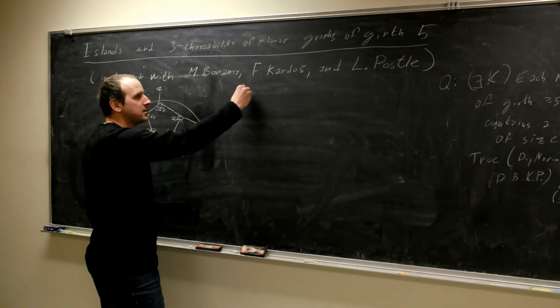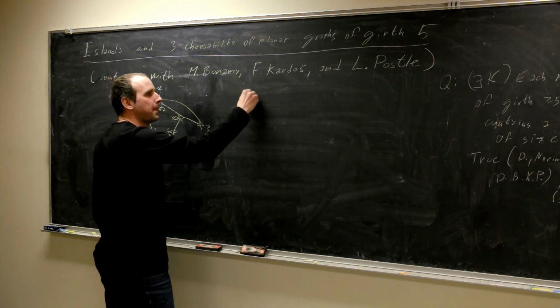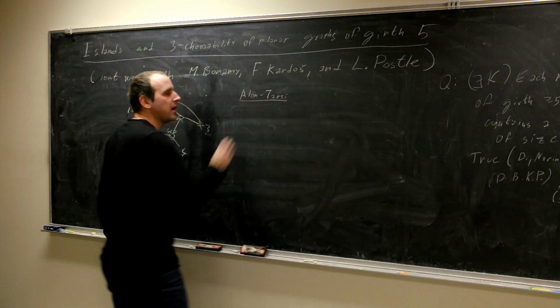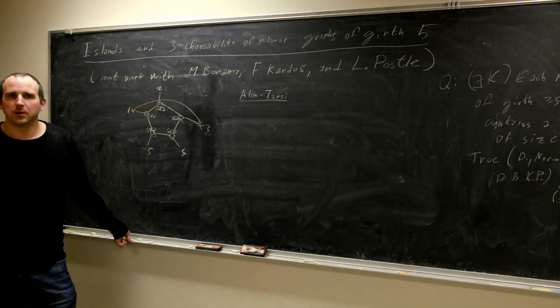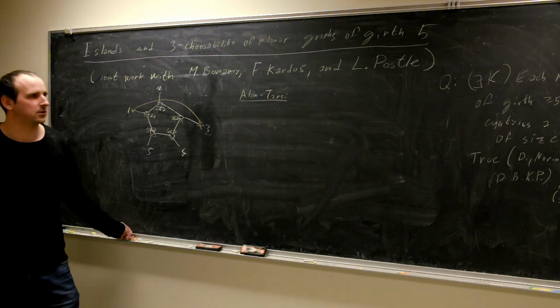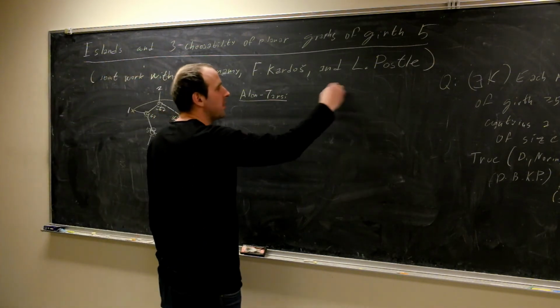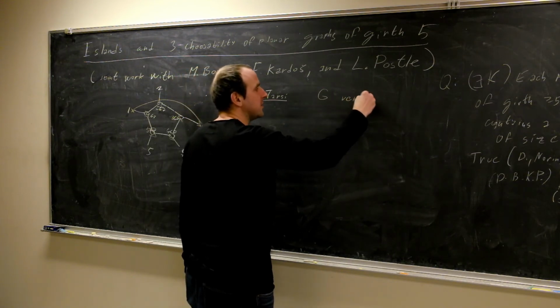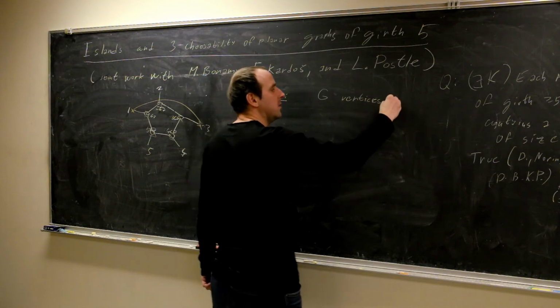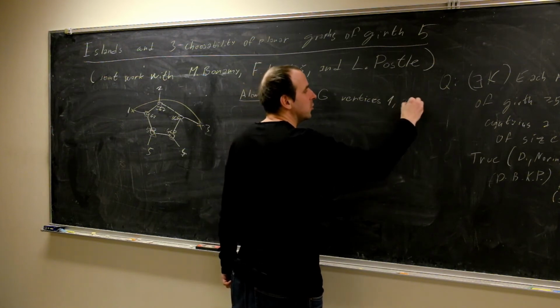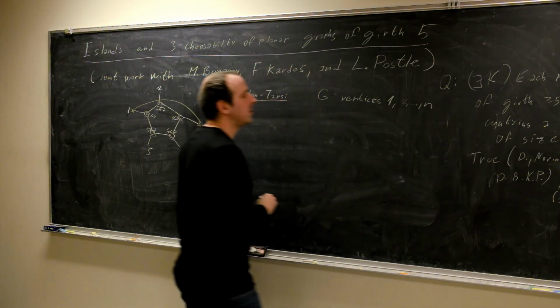Alon and Tarsi gave a sufficient condition for a graph to be list colorable in terms of the graph polynomial of the graph. Let's say we have some graph G with vertex set, let's say its vertices are integers 1, 2, up to n.